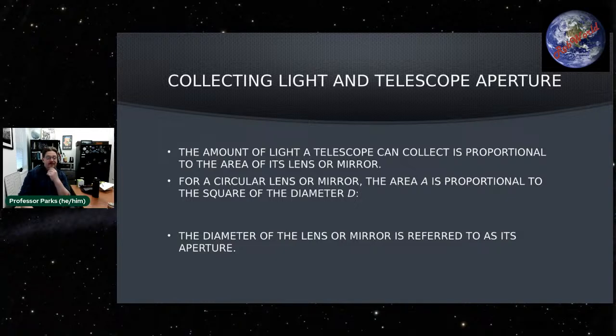Anyway, I'm diverging. So an aperture, as I said, is that large area. And again, my equations aren't showing up, but essentially the amount of light that you get is proportional to the area of that telescope. So it goes as the square of the diameter. So if we go back to the JWST and the Hubble example, JWST is roughly three times larger than Hubble, so it collects 9 times more light than Hubble does.